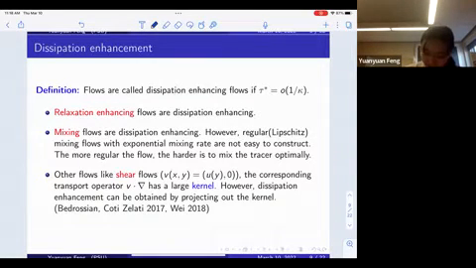So let me explain this a little bit. For shear flows, the corresponding advection diffusion equation is written like this.